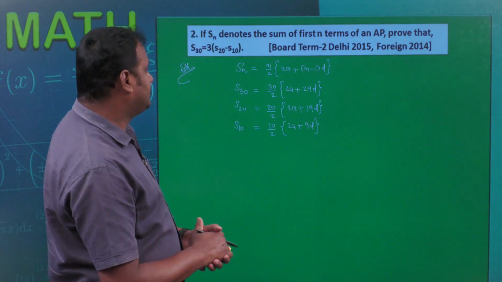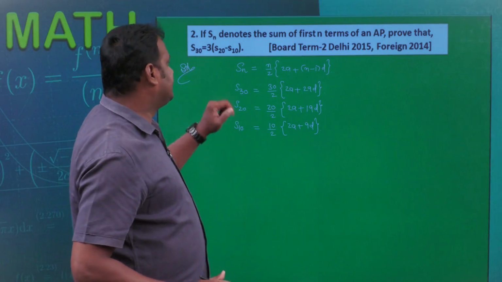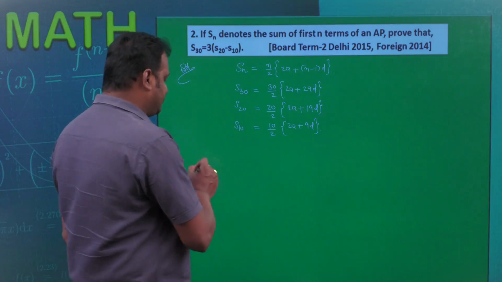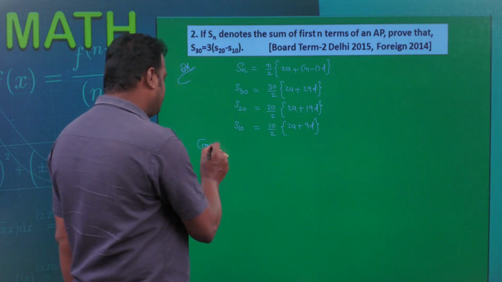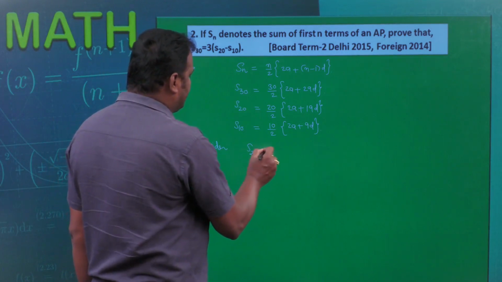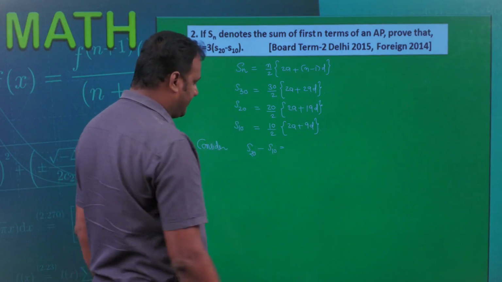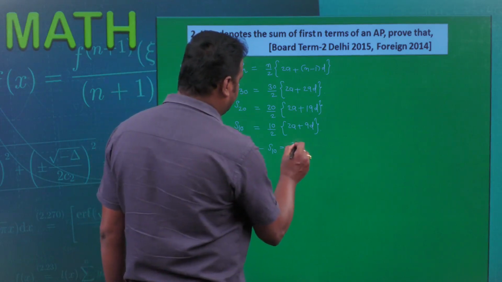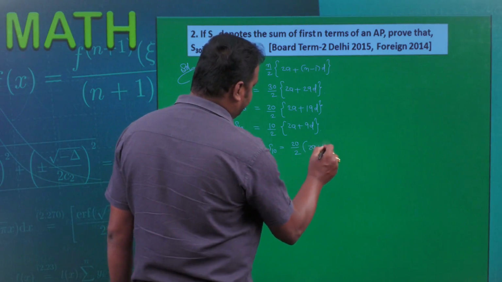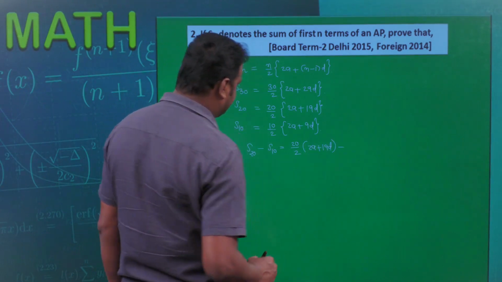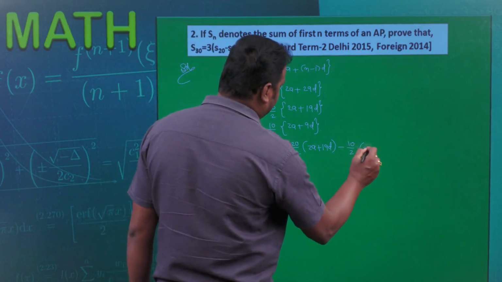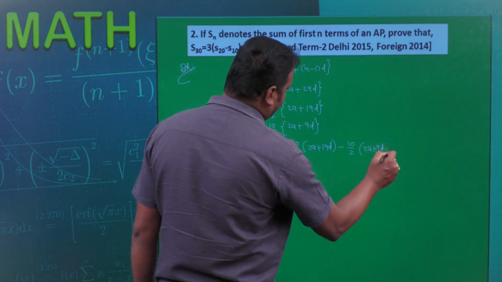But what we want here, we need to prove that S30 is equal to 3 times (S20 minus S10). Okay, I am going to find the value of S20 minus S10. S20 minus S10 is going to be, what is S20? 20 divided by 2 times (2a plus 19d), minus S10, which is 10 divided by 2 times (2a plus 9d), right?